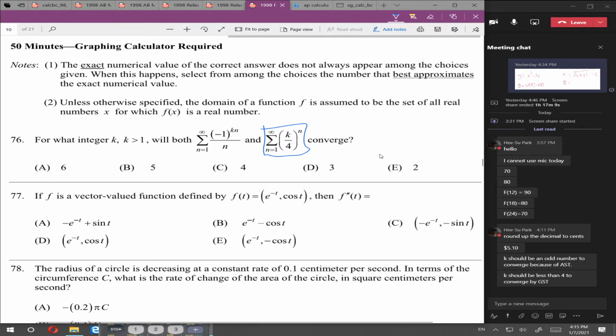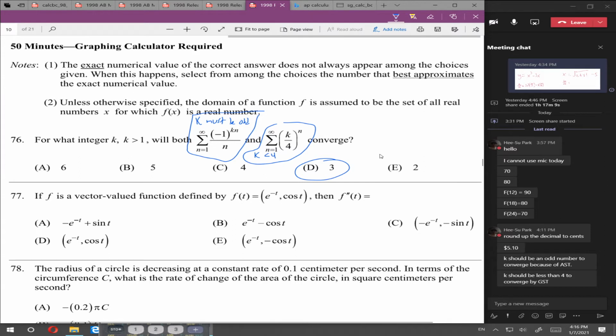Okay, so k needs to be less than 4 and odd. So this one must be D. K must be odd. K is less than 4. Awesome.